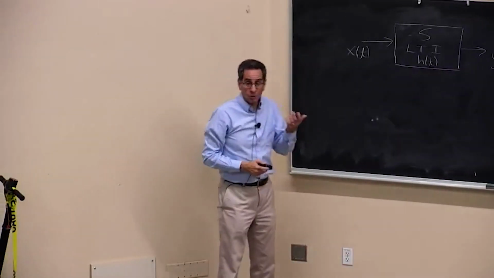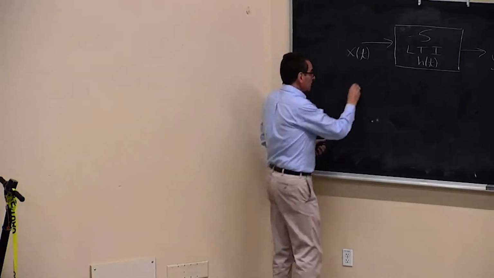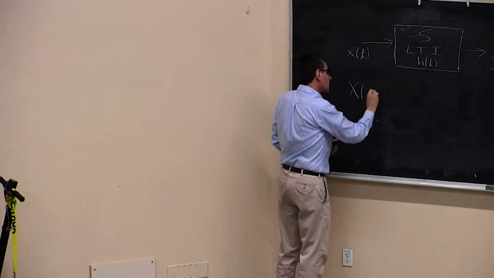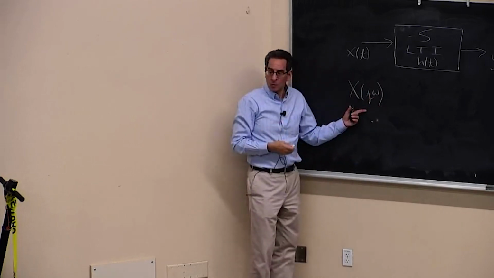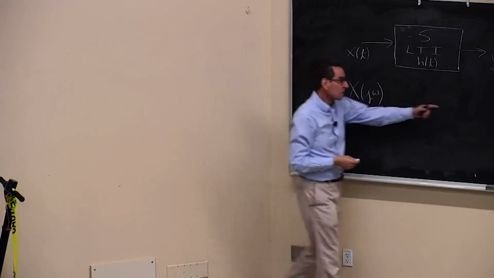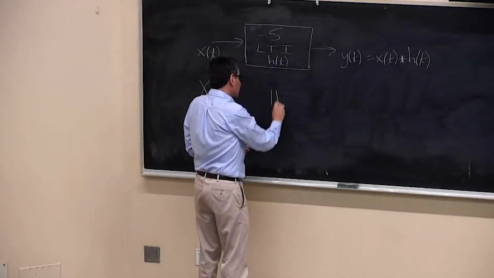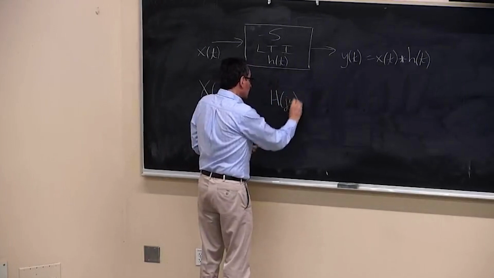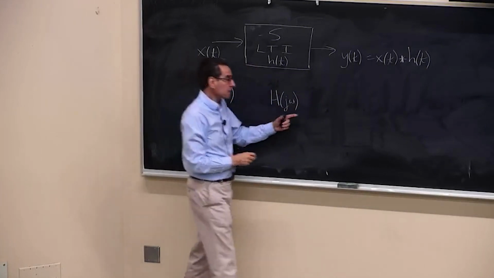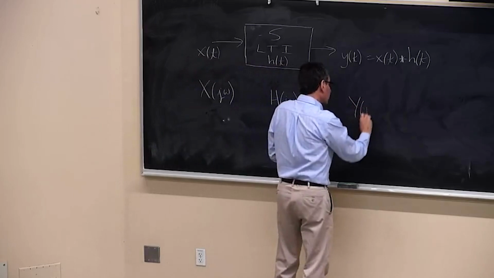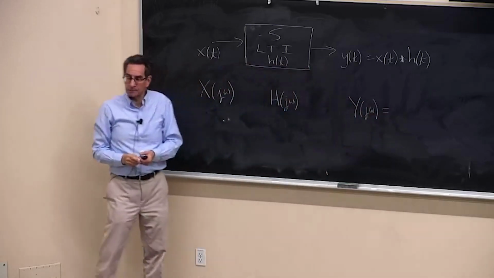So a very natural question to ask is, if I have a signal with a spectrum, a Fourier transform, x of j omega, and I have my LTI system with frequency response h of j omega, what can I say about the frequency response of the output?